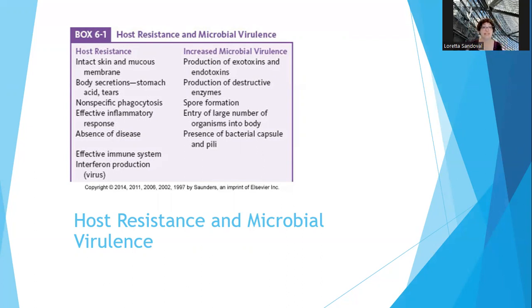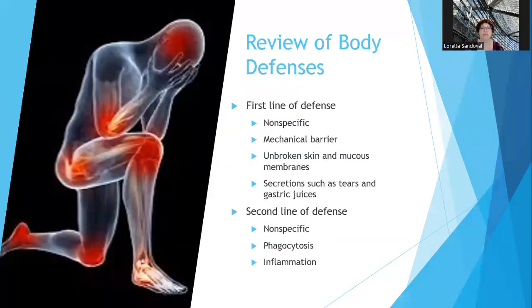Absence of disease is a good way to have resistance, just being overall generally healthy. An effective immune system and interferon production fight against viruses. Bacterial capsule and pili are other factors in microbial virulence, because they can stick to cells better. So it's just something to think about.